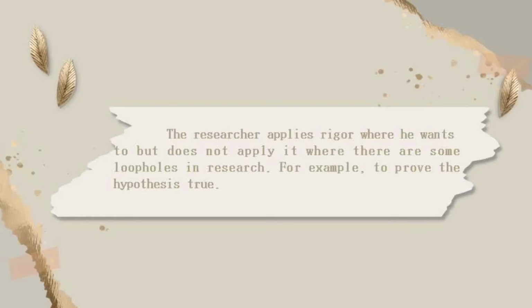The researcher applies rigor where he wants to, but does not apply it where there are some loopholes in research. For example, to prove the hypothesis true. This is another type of rigor in which the researcher deceives the readers by claiming that the research followed strict research guidelines. In this case, the researcher applies rigor to only specific aspects of the study, which can lead to inaccurate results.